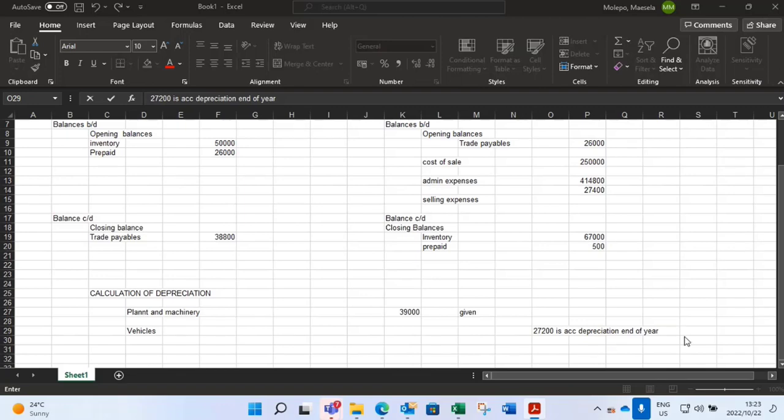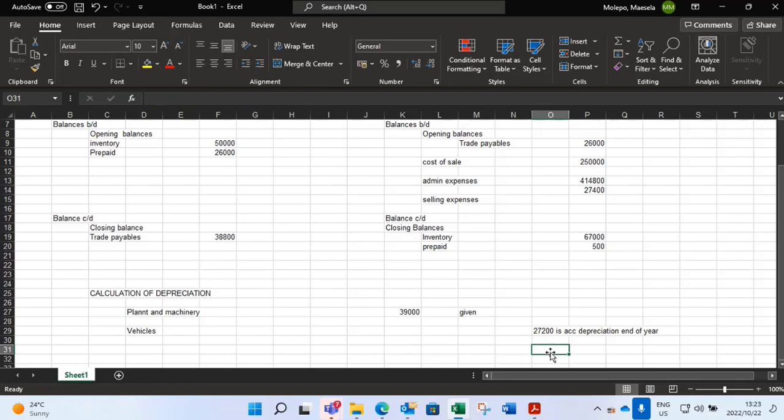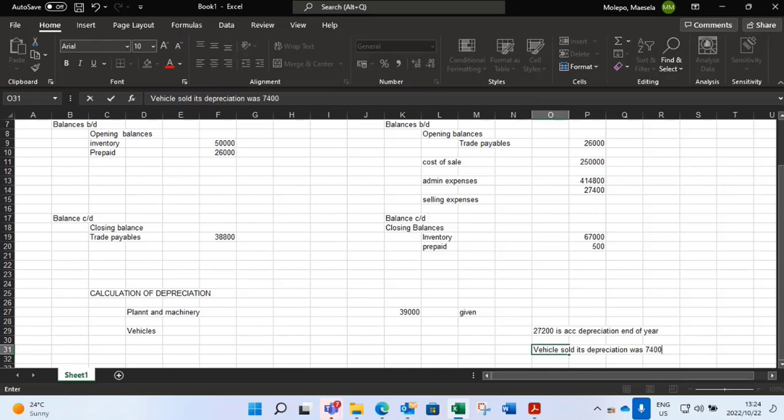Yes. So the vehicle sold, its depreciation was 7,400, which was written off already. And its cost was 14,400. 14,400 sharp. That one we can leave it alone.